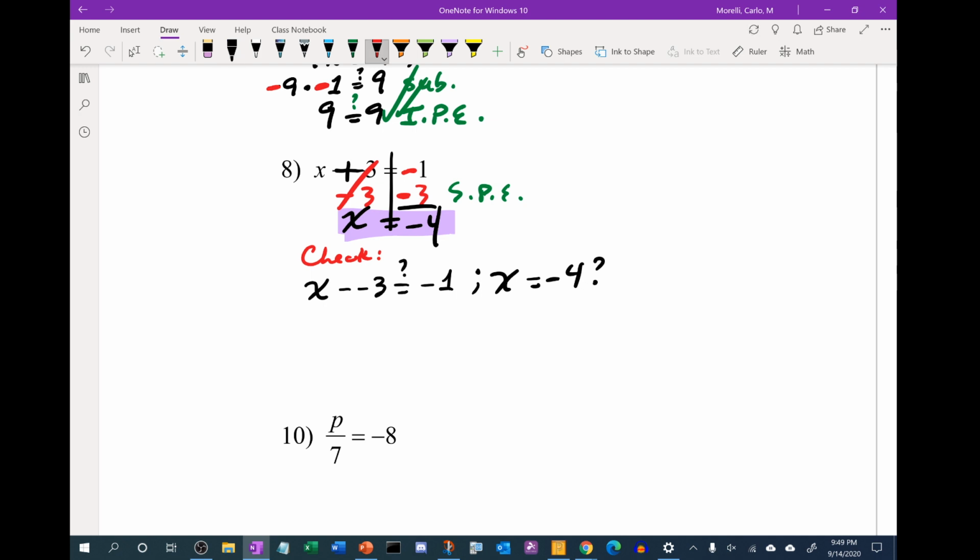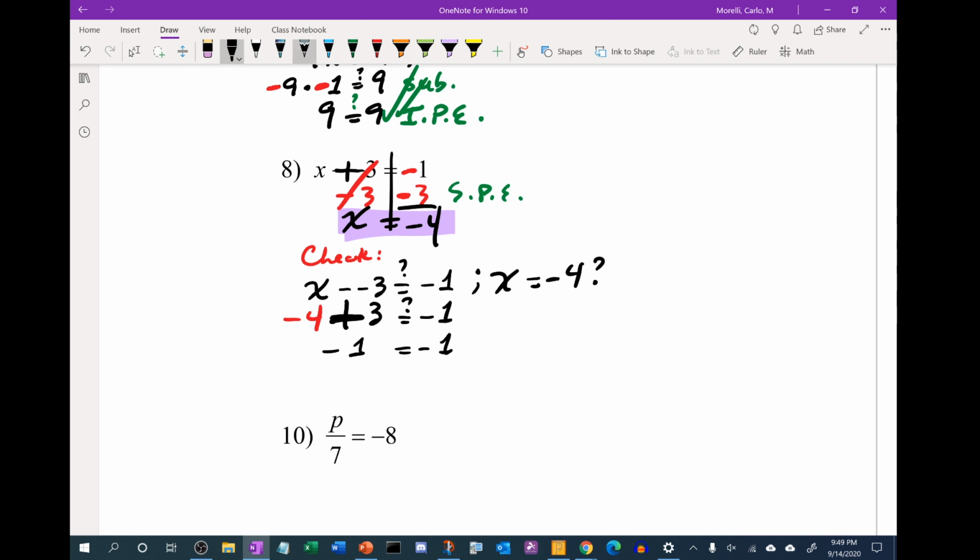Well, let me try plugging in, using substitution, negative 4 for x. So instead of x, I'm going to write negative 4 minus negative 3 equals negative 1. Is this true? Well, remember, this is a positive here. So what is negative 4 plus 3? Negative 1. So I'm going to write negative 1 equals negative 1.